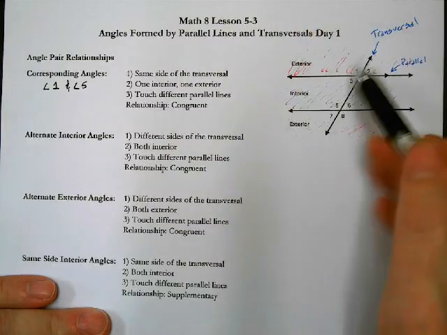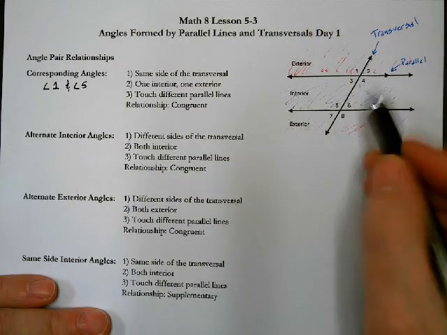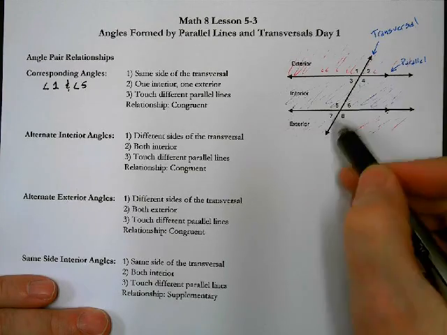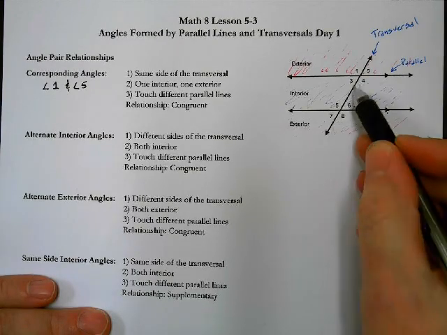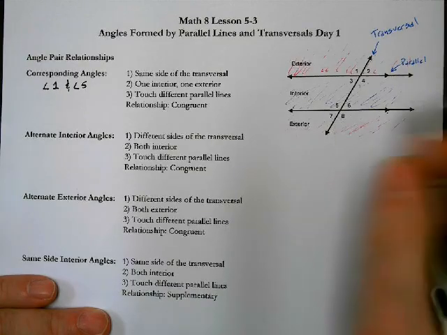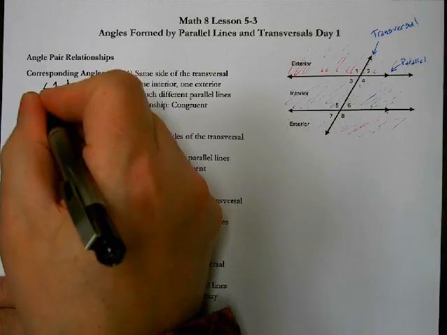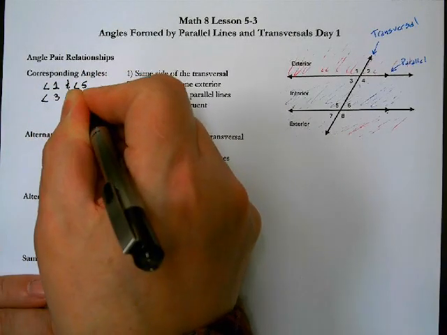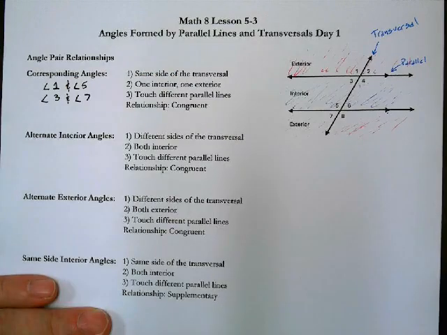On this side of the transversal, we have another pair of corresponding angles, angle 3 and angle 7. They're on the same side of the transversal. 3 is interior, 7 is exterior, and they're touching different parallel lines. So angle 3 and angle 7 are corresponding angles.